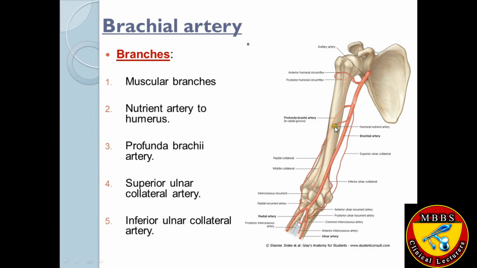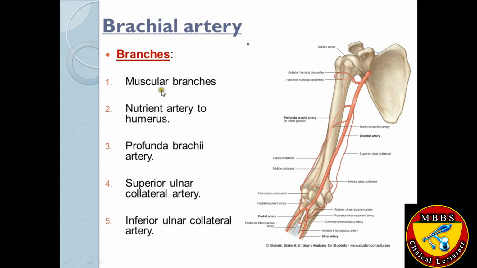The nutrient artery to the humerus enters the bone through the nutrient foramen. It gives a large branch which runs in the posterior compartment and is called the profunda brachii artery. It gives two more branches, a superior ulnar collateral artery and an inferior ulnar collateral artery.